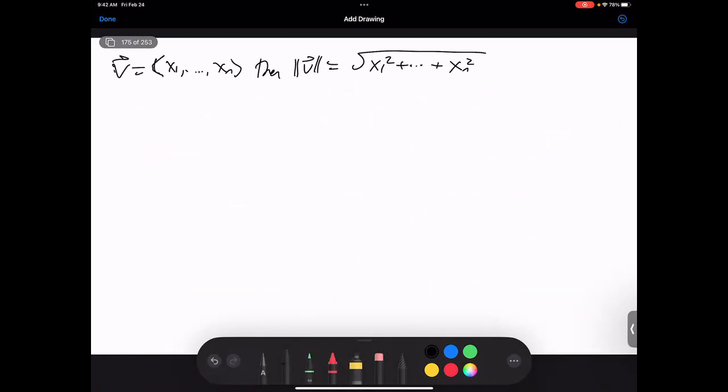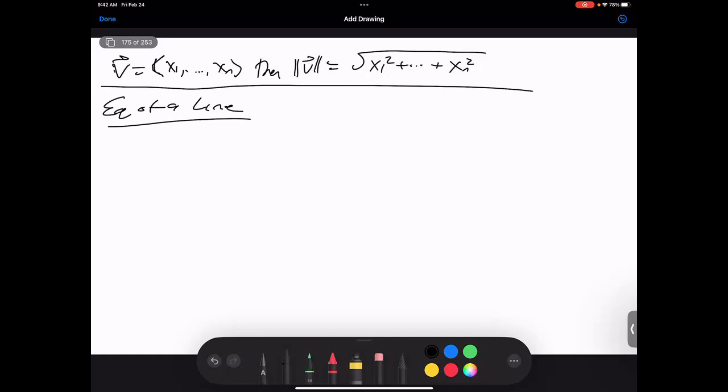Okay, so one of the most important concepts in calculus is the equation of a line. And so we have a lot of ways that we've done it. So if I give you things in one dimension, and here is my line, y could be mx plus b, a common way of writing this.